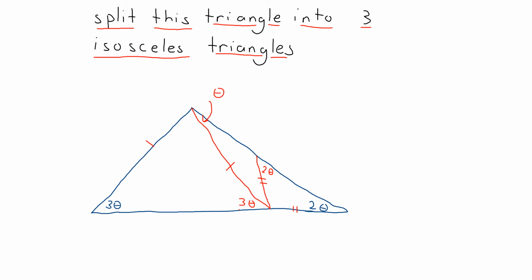But looking at this, if this is theta and this is 2 theta, hopefully you guys can see that this here also has to be theta, because theta and theta is equal to 2 theta, and now I get another isosceles triangle here like this.